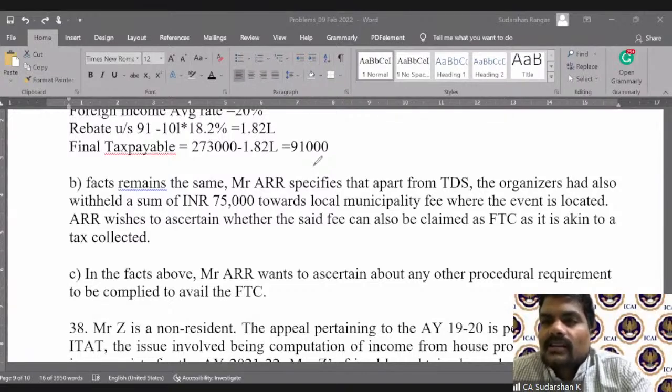Of course, there are different arguments that no, they're not mandatory, they're only directory. I'm not getting into it, but the bottom line is the Indian government wants you to file Form 67 along with the return of income to be furnished within the due date of filing return of income.